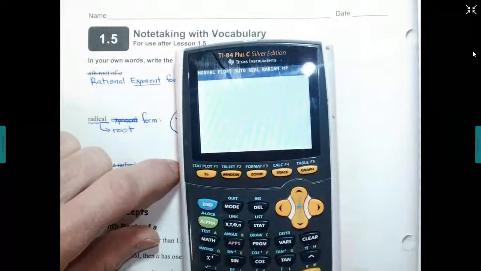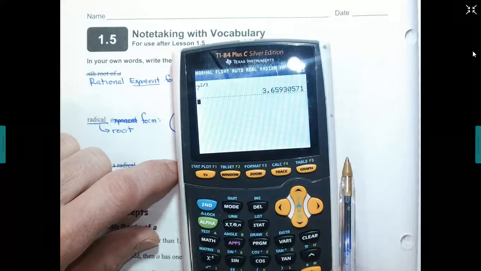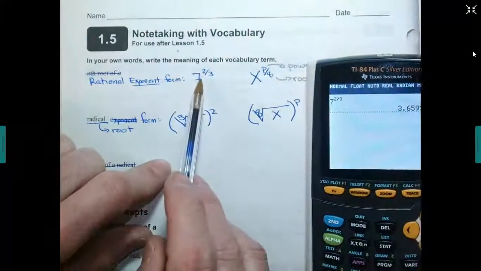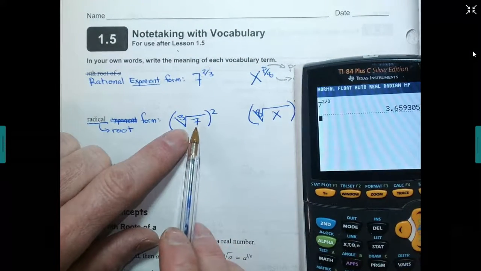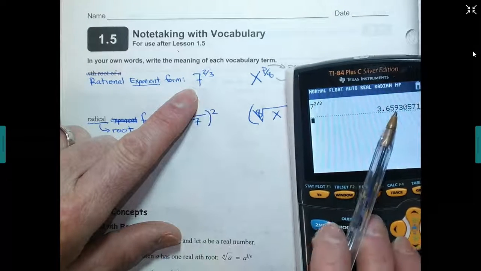And I'll get my answer, 3.65930571. So I can get my answer for this, but to plug this in the calculator would be super difficult. But this, I could plug it into Desmos, and I can get an approximate answer.